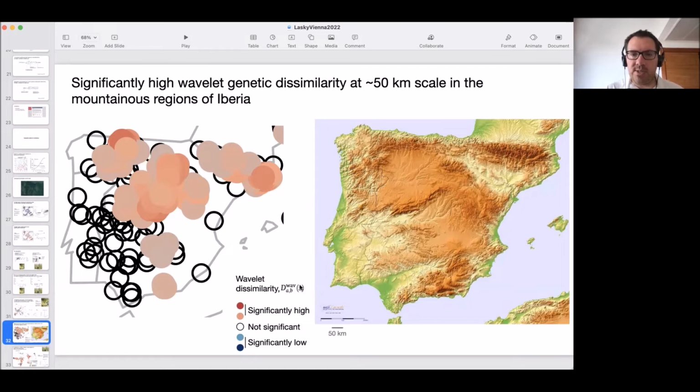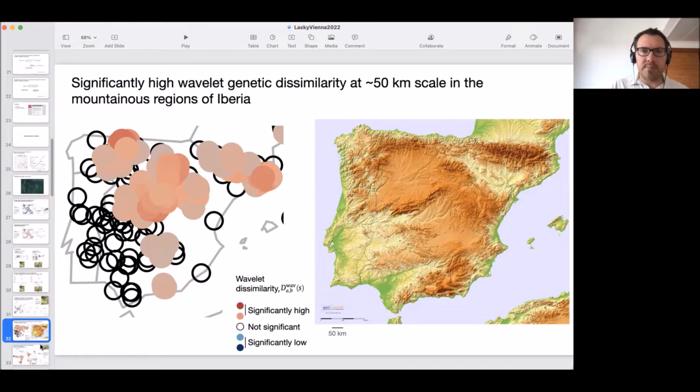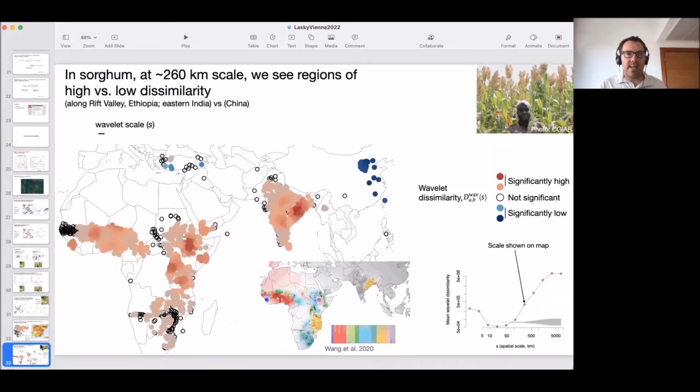And it's all pretty much associated with these major mountain ranges of Iberia, which we take as evidence that there's limited gene flow because of either selection against immigrants if they're locally adapted, or simply less movement across these steep landscapes. In sorghum, looking at a bit larger scale, about 260 kilometers, you see a number of parts, mostly of the sub-Saharan part of the range in South Asia, where you have significantly greater dissimilarity than expected.